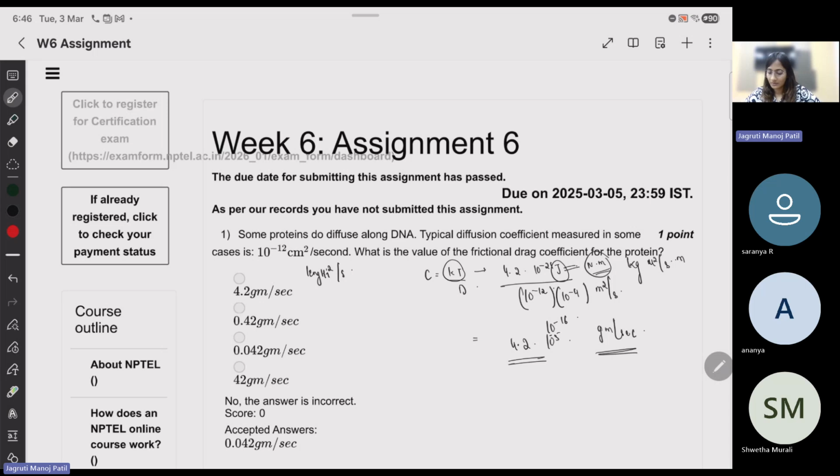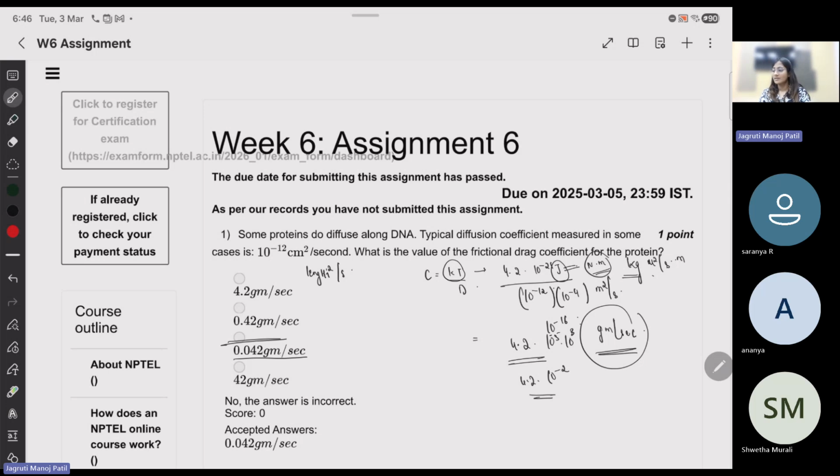When you're doing minus 5, you want the answer in grams per second, so you look at the units. We were essentially in kgs, so you have to multiply by 3. So then you have 4.2 times 10 raised to minus 2. What would we answer then in this case?